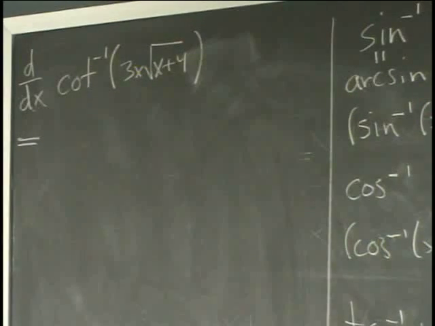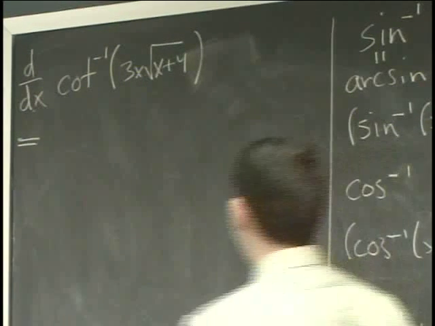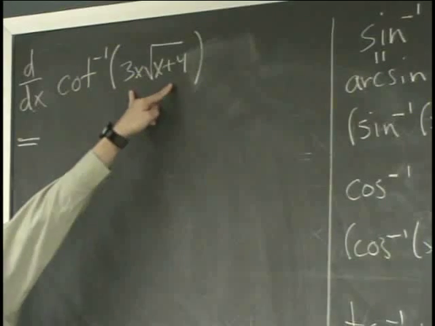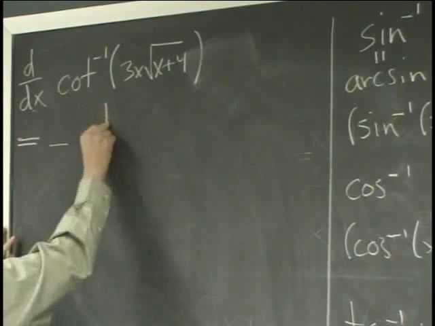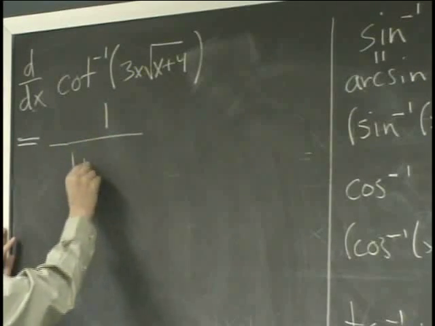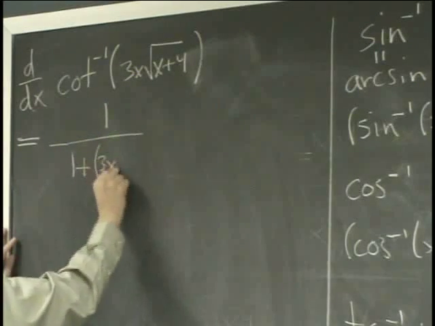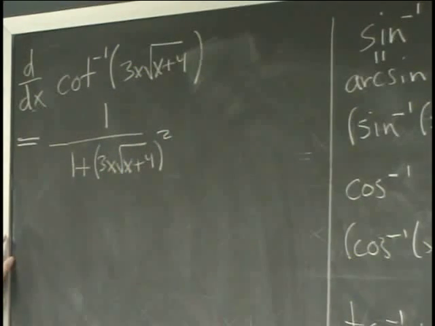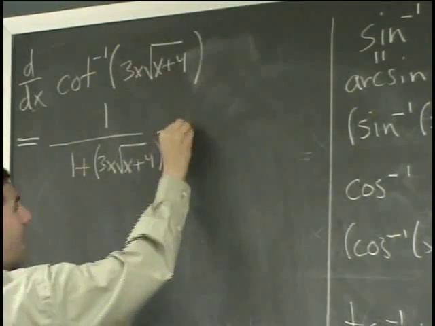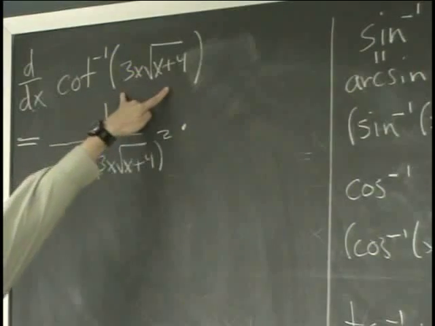All right, so we saw the derivative of the arc cotangent is negative 1 over 1 plus x squared. But here my x is 3x root x plus 4. So I get negative 1 over 1 plus 3x root x plus 4 squared, times the derivative of the inside function.